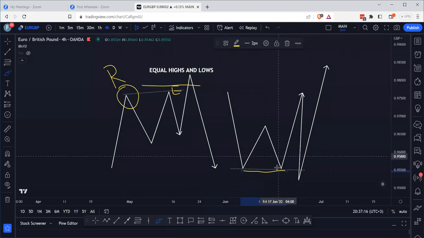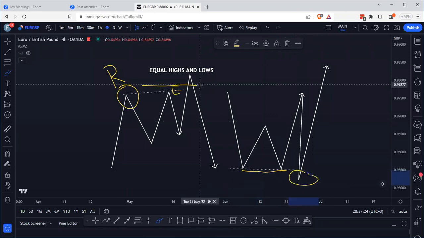Once you see something like this happen, you'll not be looking for your entry somewhere here. You look for your entry above liquidity. Because you've spotted liquidity, you wait for liquidity to be grabbed before taking entry.